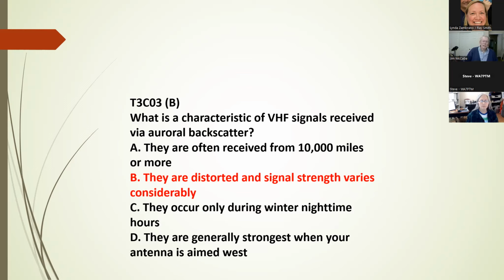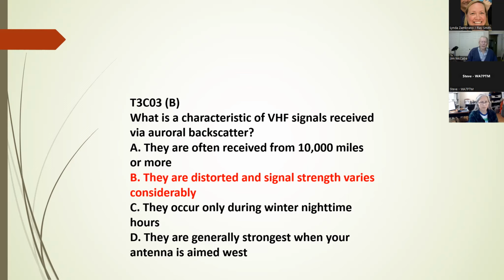Okay, what is the characteristic of VHF signals received via auroral backscatter? We didn't talk about this specifically, but one of the things that can happen with the aurora is it can reflect the signal back down to you, just like you can reflect a signal off the moon. So there's all kinds of odd things that you can do with your radio signal.